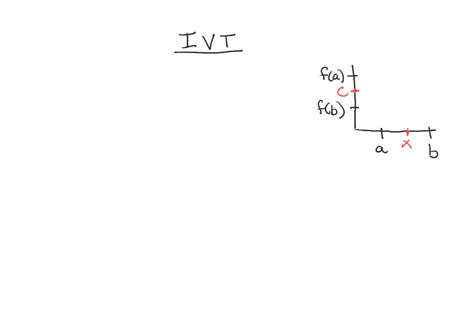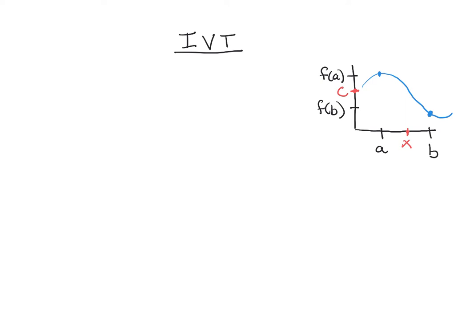And the last thing is this function is going to be continuous from these endpoints. Okay, so sketching that, and then I can refer to this as we write the definition.